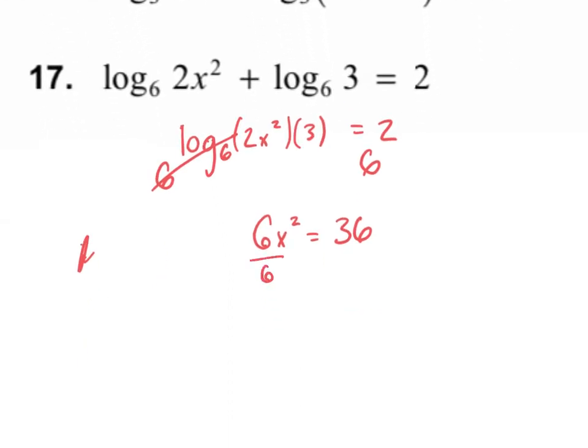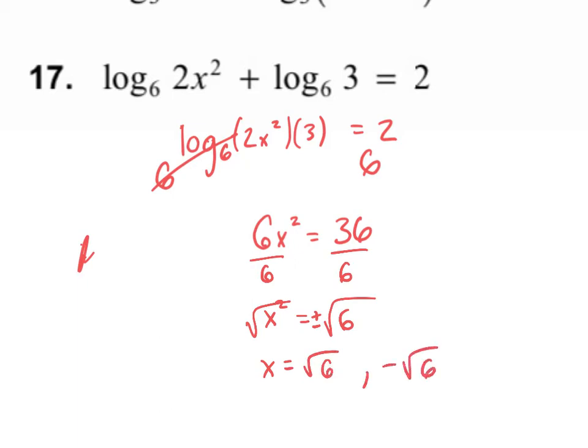Divide by 6 first. So then x squared is equal to 6. Then we take the square root of both sides. What's that one thing we can't forget when we square root both sides? Plus or minus. So x is equal to a positive square root 6 and a negative square root 6.